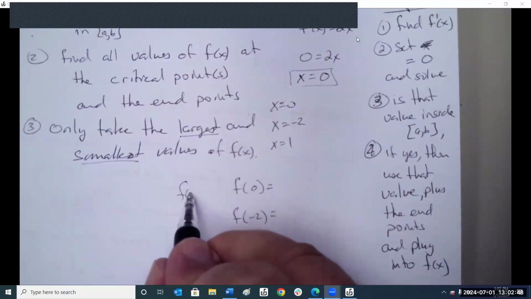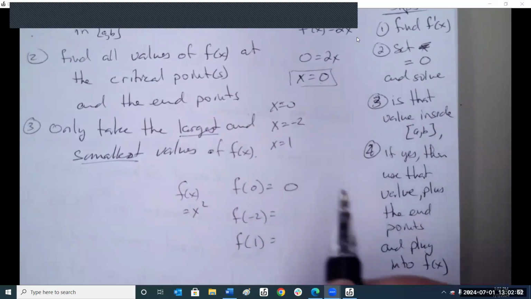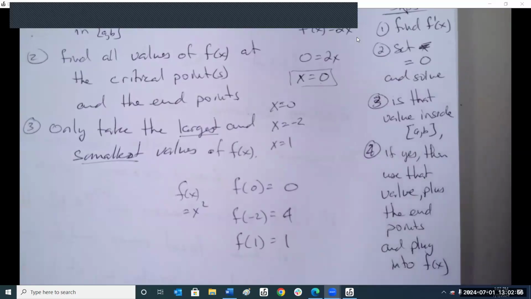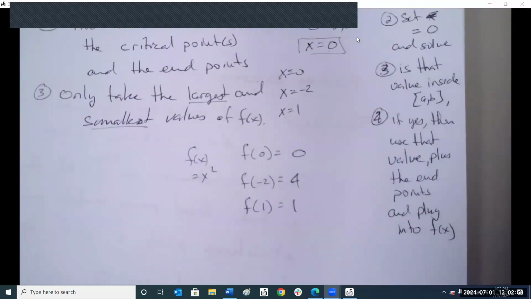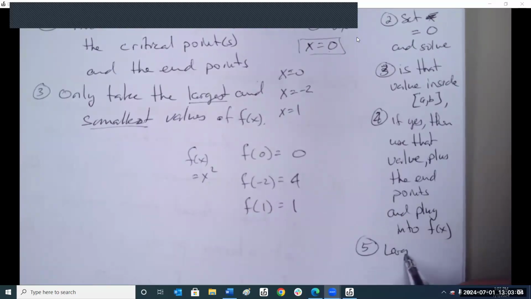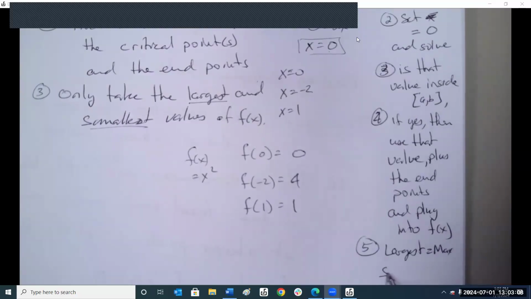Remember, f of x equals x squared. So 0 squared is 0, -2 squared is 4, 1 squared is 1. Largest equals the max. Smallest equals the min.